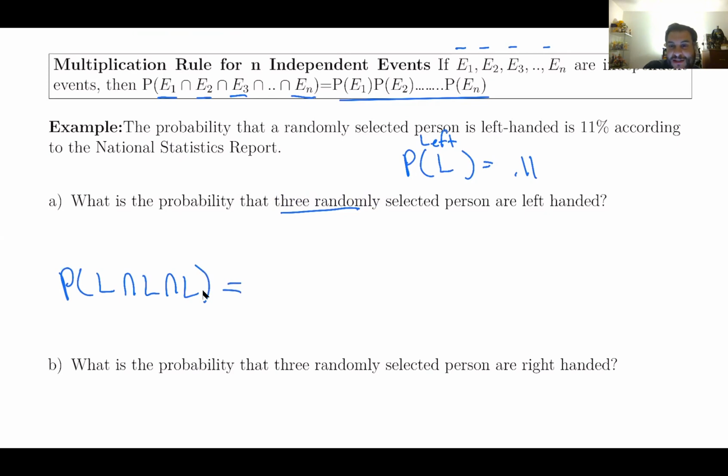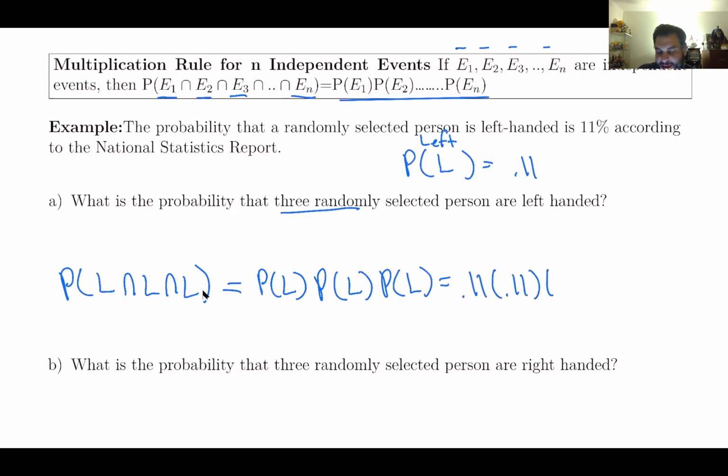So in order to find that, we get the probability the first one is left-handed, multiply it by the probability the second person is left-handed, and then multiply it by the probability the third one is left-handed. Since all events are independent from each other, you're going to say 0.11 times 0.11 times 0.11. Any questions so far? I got 0.11 times 0.11 times 0.11.